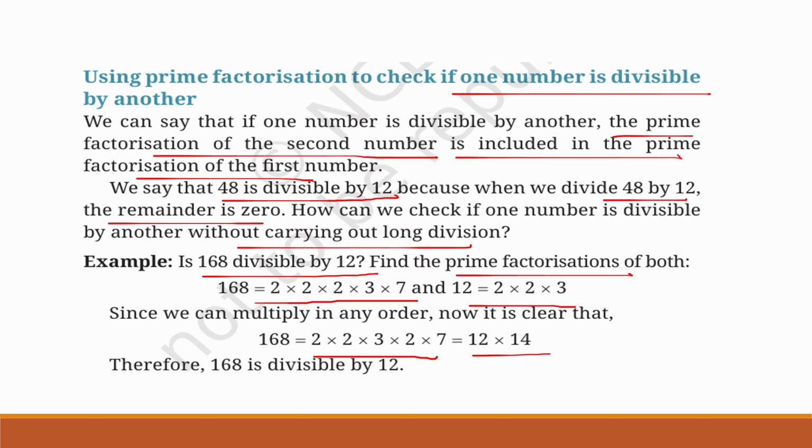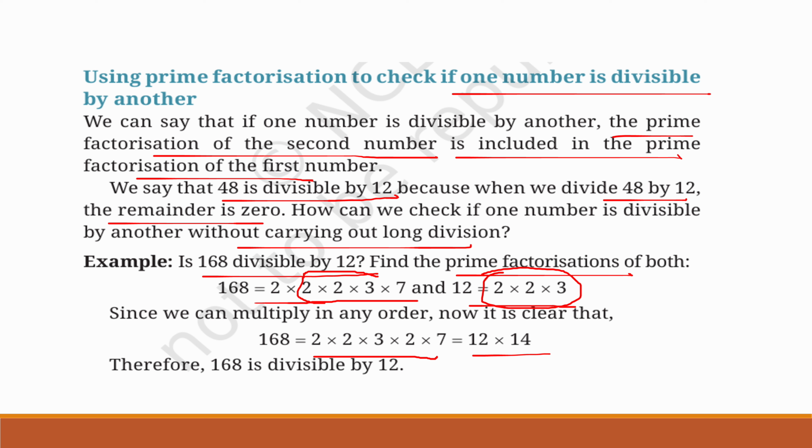So, to check if 168 is divisible by 12, we have to prime factorize both numbers. Then, if the prime factorization of the second number is included in the prime factorization of the first number, the first number is divisible by the second number. Here the prime factorization of the second number, 12, is 2 into 2 into 3. This is included in the prime factorization of the first number.